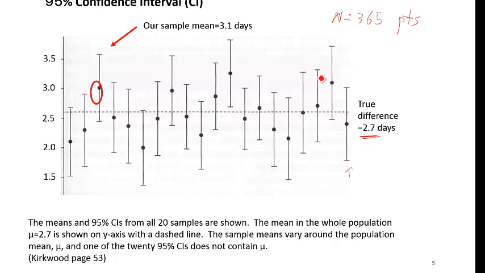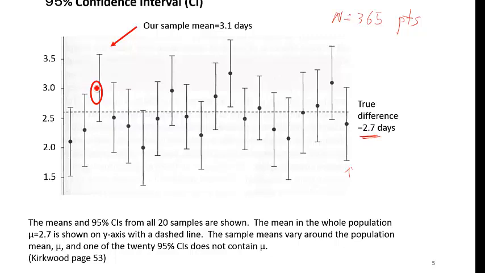Okay. And this is ours. So by looking at this, what you may have already realized is, what is randomly fluctuating here? Is it the true difference or random samples? It's random samples.